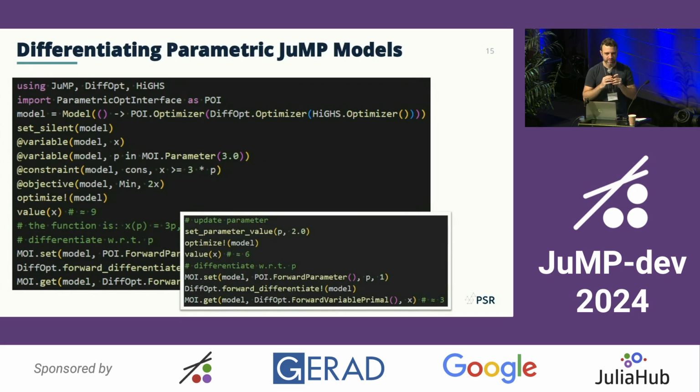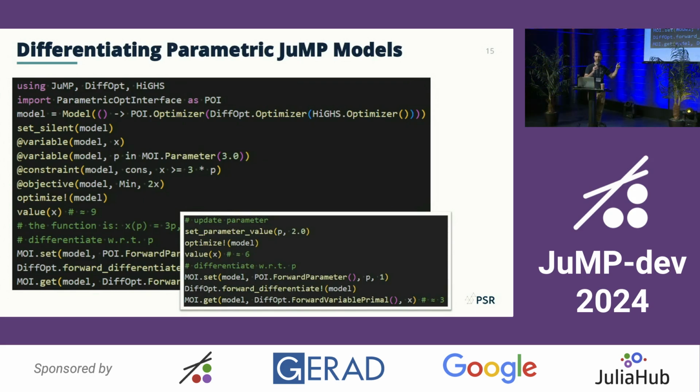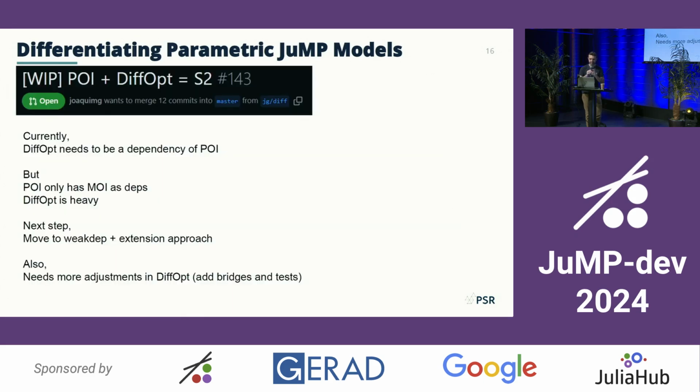Great. So this is actually almost ready. There is a PR on ParametricOptInterface about it, but if you're interested, you can use the PR. I think Andrew is already using that for some of the things he did. So, yep, the PR is already there.